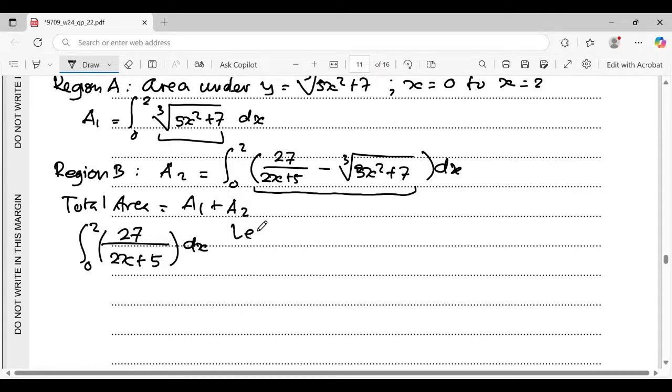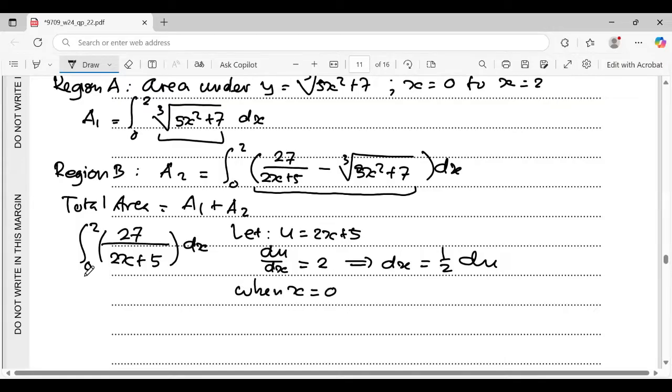Now we are going to use substitution u equals 2x plus 5. So du dx equals 2, so dx equals 1/2 du. When x equals 0, u equals 5, because 2 times 0 plus 5. And when x equals 2, u equals 9.